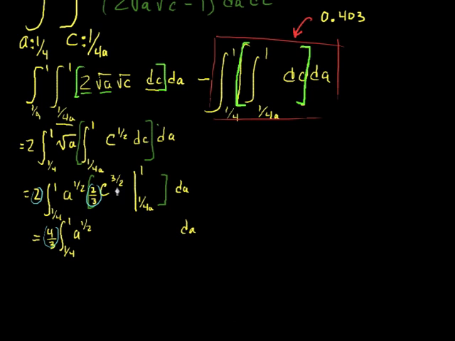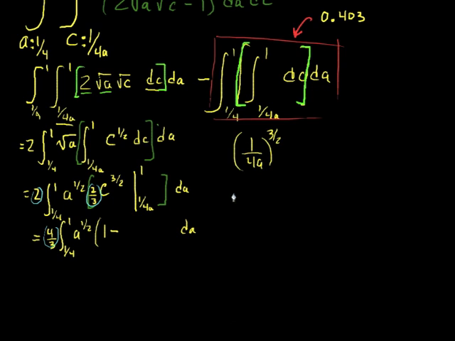We took this 2/3 out, so we're evaluating at 1, and so we have 1 to the 3/2, which is just 1, and then we subtract off evaluation of c to the 3/2 at 1/4a. Let me write that over here, 1/4a to the 3/2.